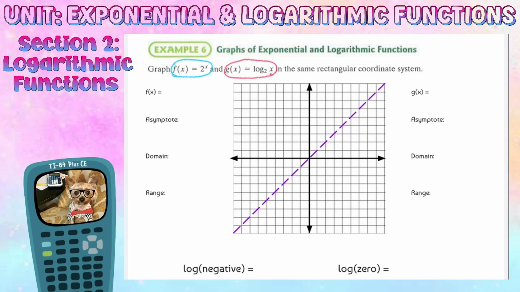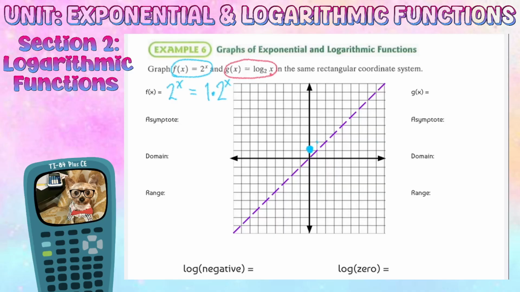So this first example, f of x, is really 2 to the x. We could also consider that as a times b to the x, 1 times 2 to the x. Our initial value is 1. That's on our y-axis. We didn't shift left or right. We went into more detail in section 1, example 2, so if you need more help, you can go there.